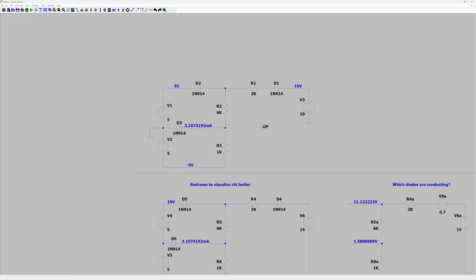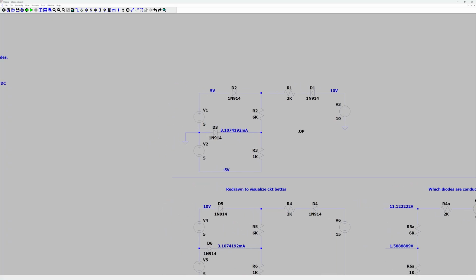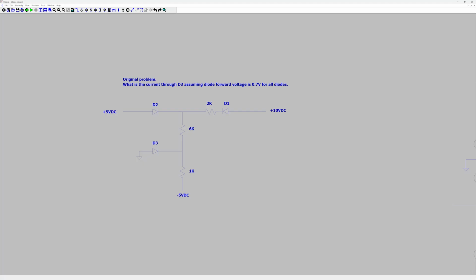Now, with real diodes, you get an answer a little bit different, because real diodes don't have exactly 0.7 volts for the forward voltage drop. This problem is assuming that all the diodes have exactly 0.7 volts forward voltage drop.